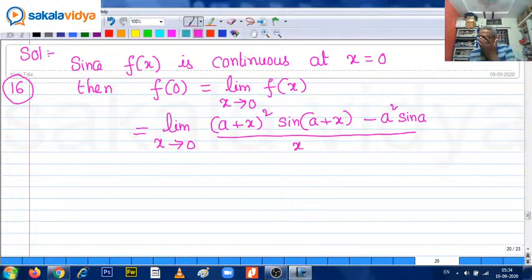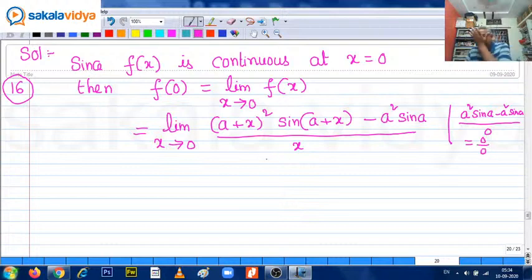First let us substitute the limit. If you substitute x equals 0, you get a square sin a minus a square sin a upon 0. This will be 0 by 0 form.